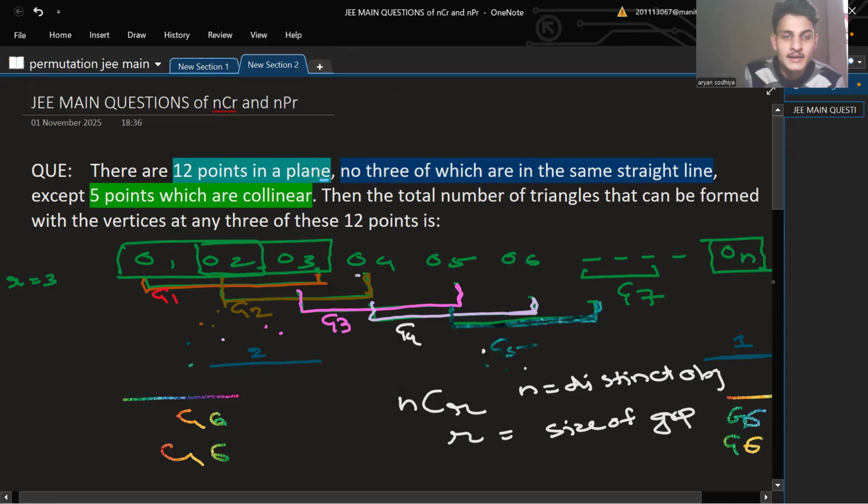Let's say here the size is 3. So we are grouping n objects into groups of 3: consecutive 3, or the end 2 elements and one element from the front, or the middle 2 elements and one element from the end. In this way, many groups are possible.